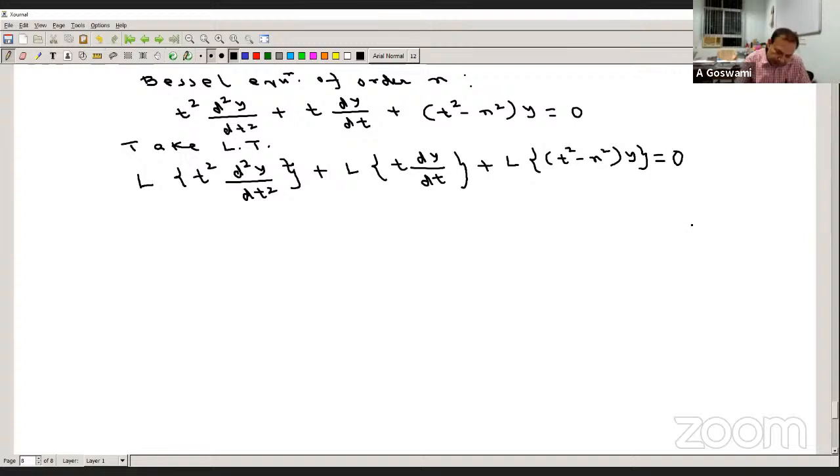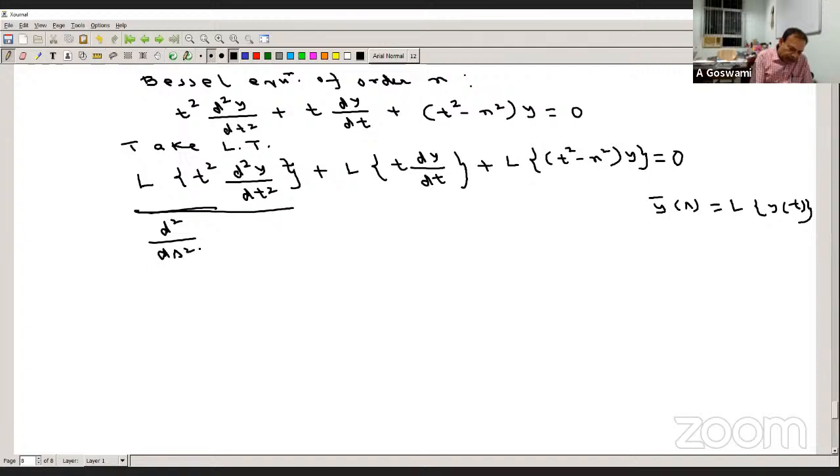Basically, you will use this one, y bar is Laplace transform of y(t). Then Laplace transform of t square d2y dt square, this term you can write down as d square ds square of Laplace transform of d2y dt square. And you know the Laplace transform of d2y dt square is s square y bar minus s y0 minus y dash. So you can do it on your own.